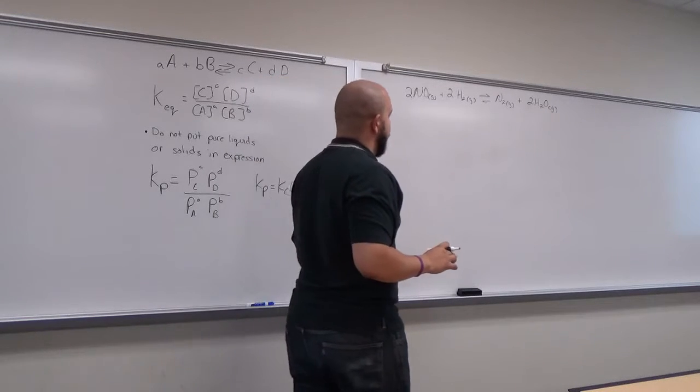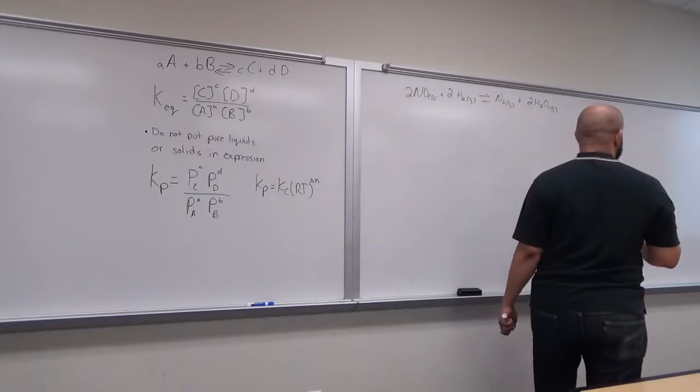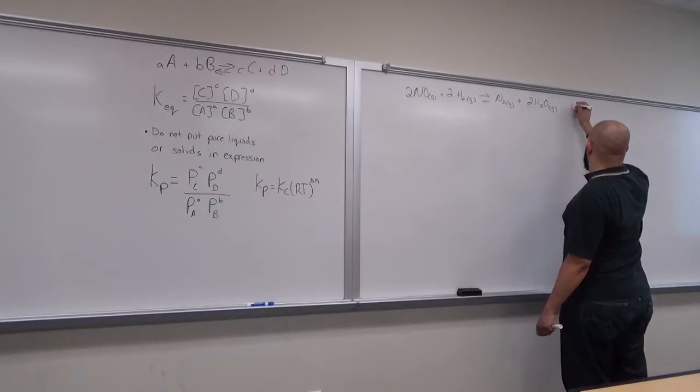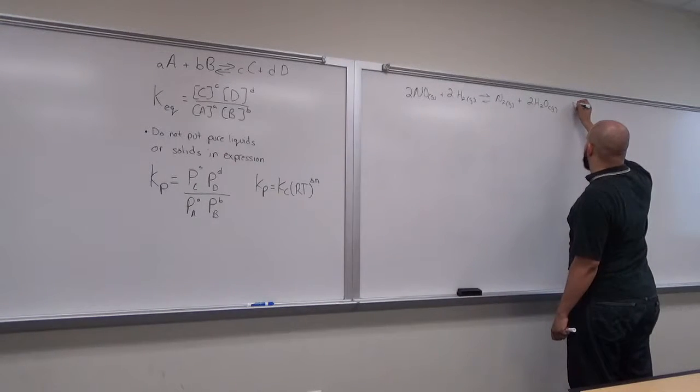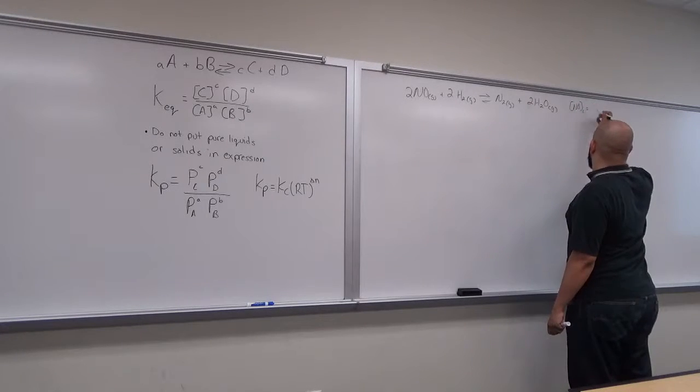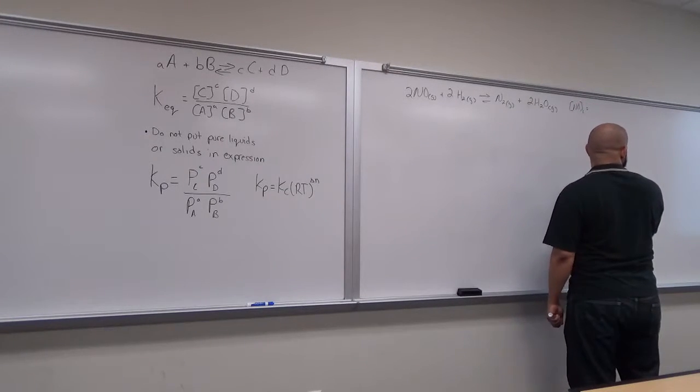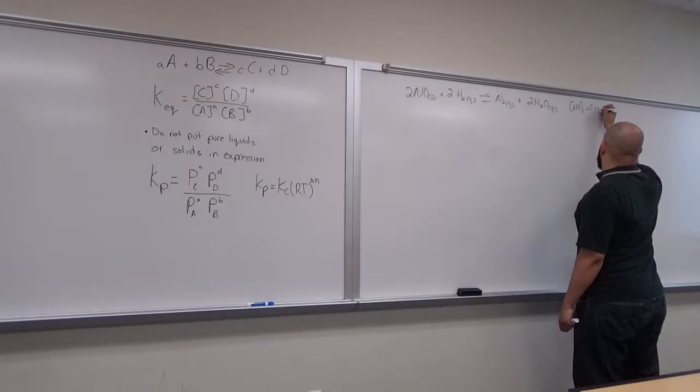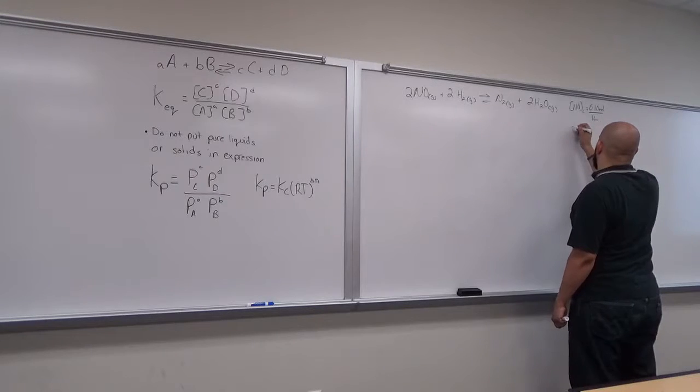All right. Next, it's best to determine your initial concentrations of everything. So, NO initial, and I'll put a little i there, is equal to 0.10 mole over 1 liter.